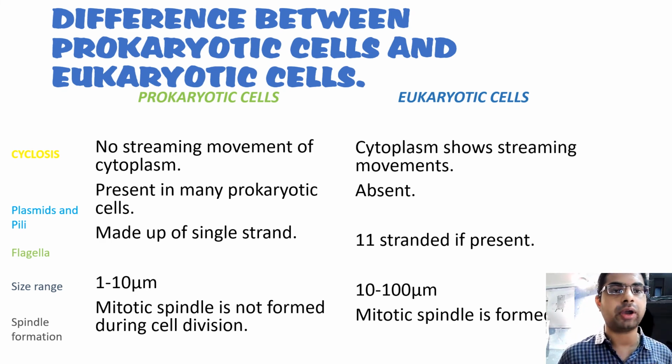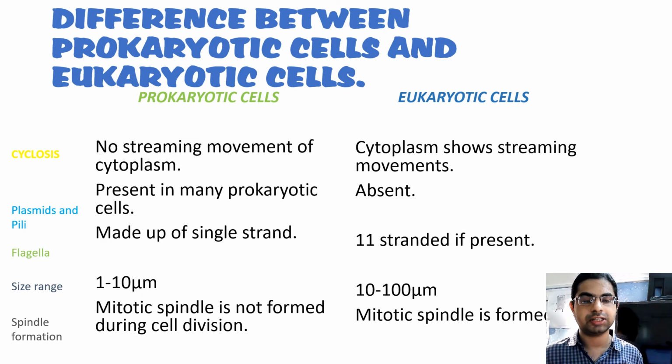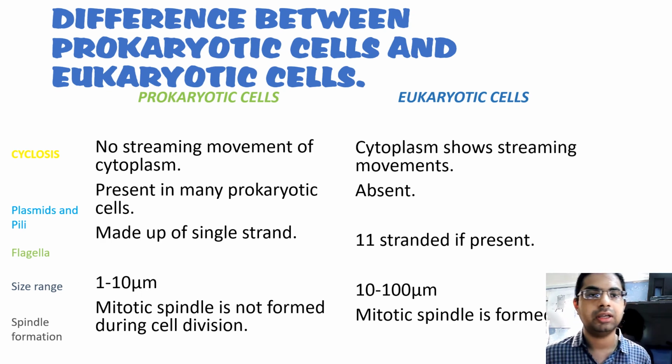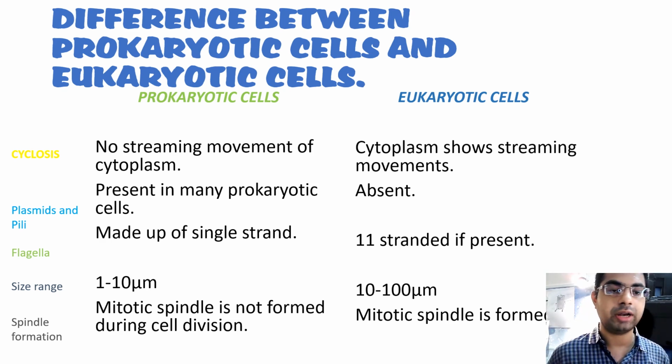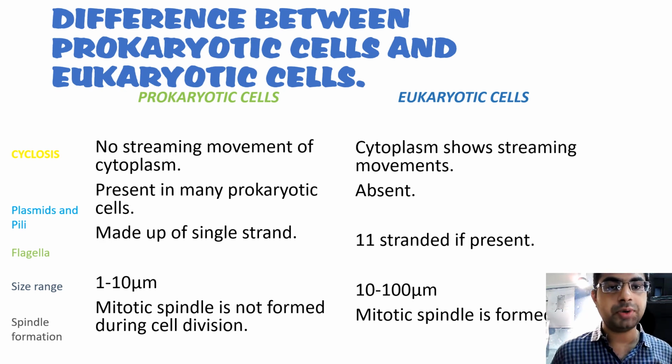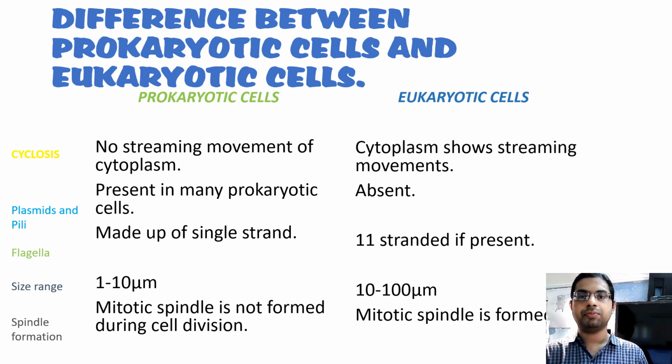Flagella in prokaryotic cells are made up of a single strand, and in eukaryotic cells of 11 strands, if present. In prokaryotic cells, size ranges from 1 to 10 micrometers, and in eukaryotic cells it is 10 to 100 micrometers. Spindle formation: a mitotic spindle is not formed during cell division in prokaryotic cells, and mitotic spindles are formed in eukaryotic cells.